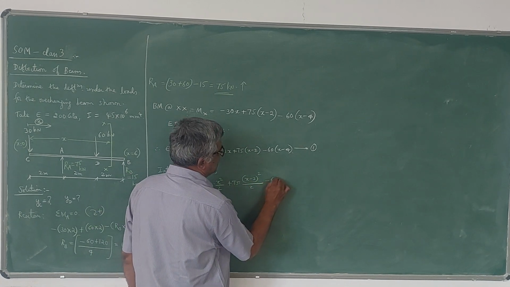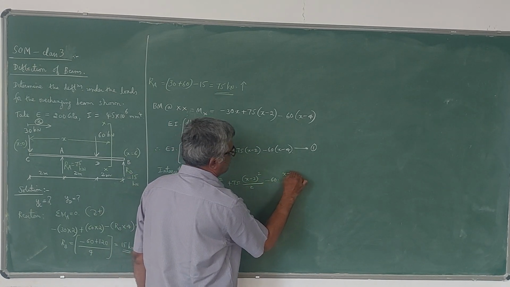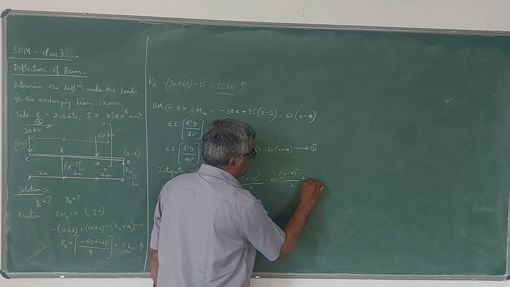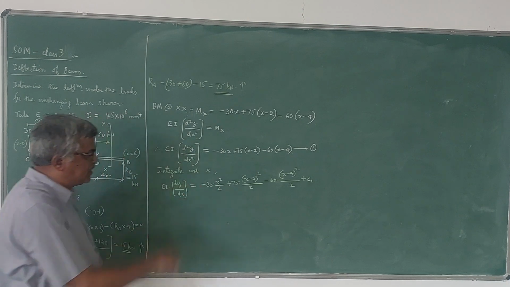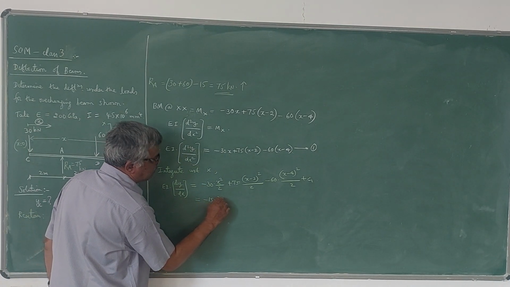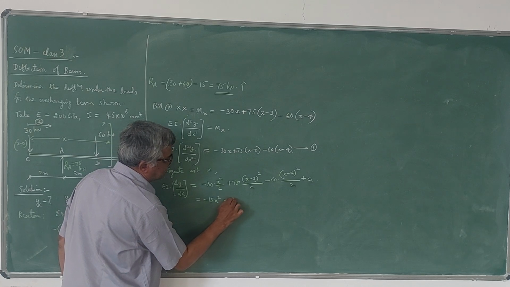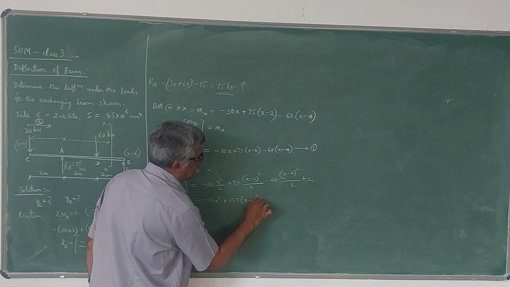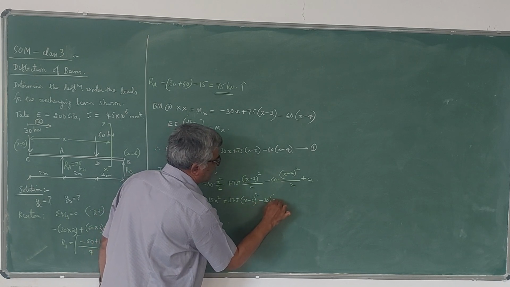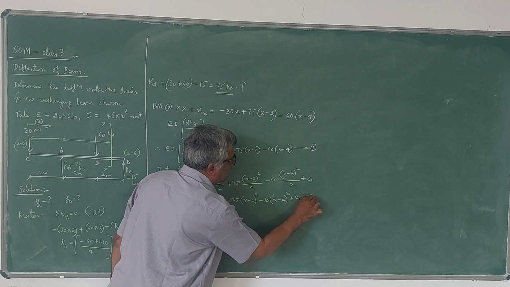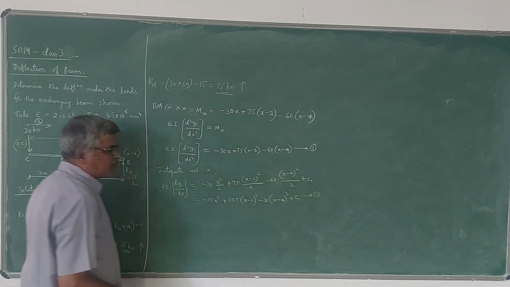Then minus 60 into, similarly, x minus 4 whole square by 2, plus the constant of integration c1. So this is the slope equation. If you simplify this: minus 15x square plus 37.5 into x minus 2 whole square minus 30 into x minus 4 whole square plus c1. I call this equation 2, which is the slope equation.